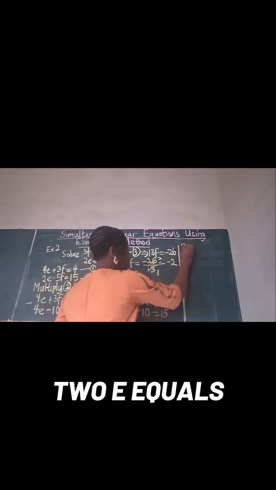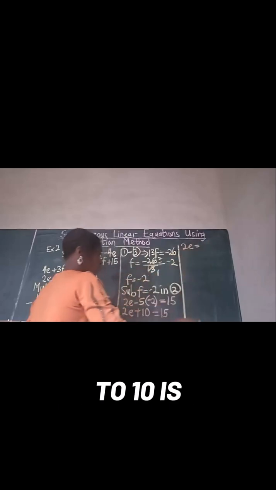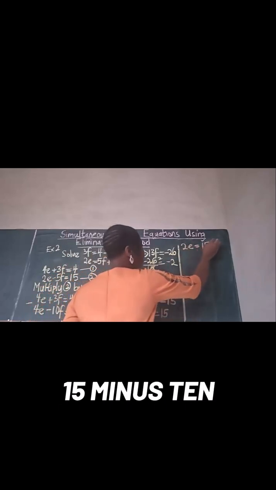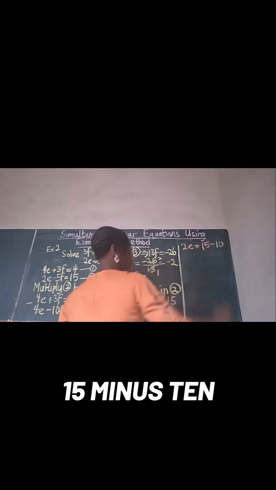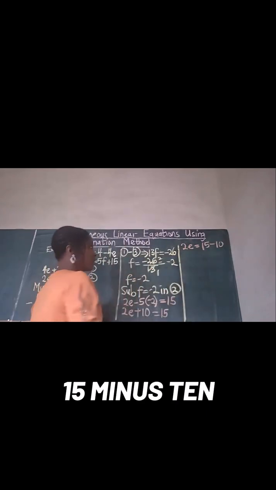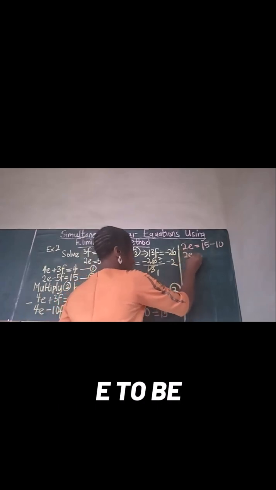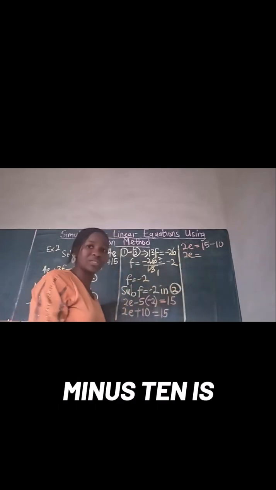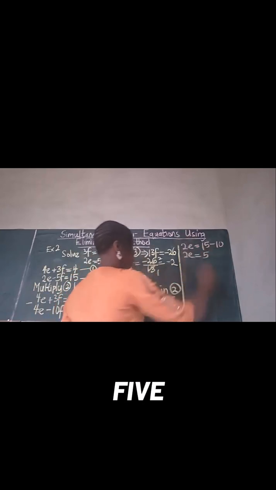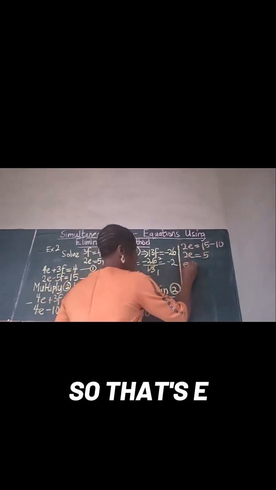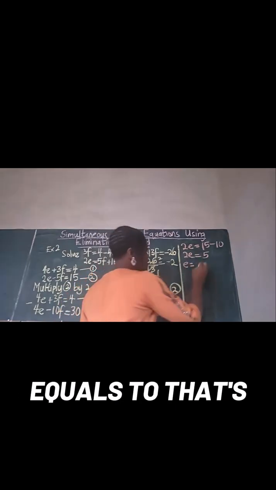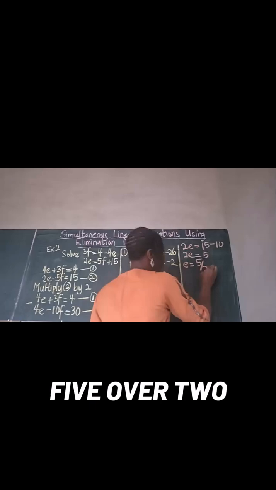So you have 2e equals, 10 is going to the other side, 15 minus 10. So that's 2e equals 15 minus 10, which is 5. So that's e equals 5 over 2.